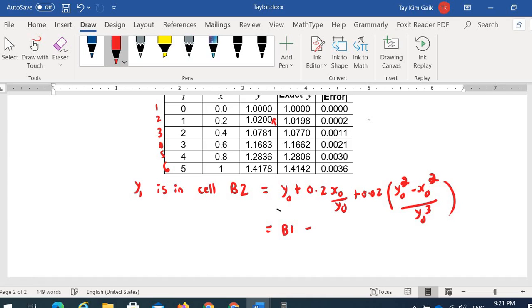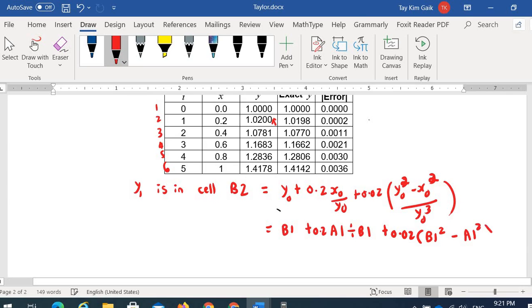So B1 plus 0.2, X0 is stored in A1, so A1 divided by B1, plus 0.02. Make sure of the brackets, because the spreadsheet is not natural display, so make sure you type in the correct brackets. Y0 is stored in B1, so this is squared, minus X0, which is stored in A1, squared, divided by Y0, which is B1 cubed. And then we input this formula in cell B2.